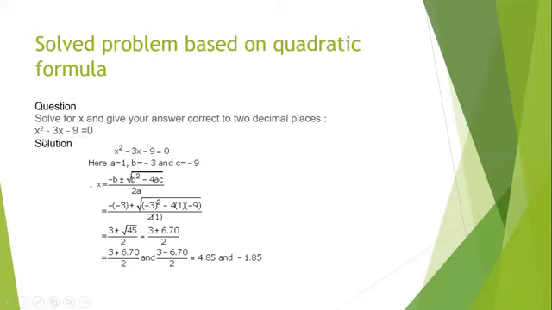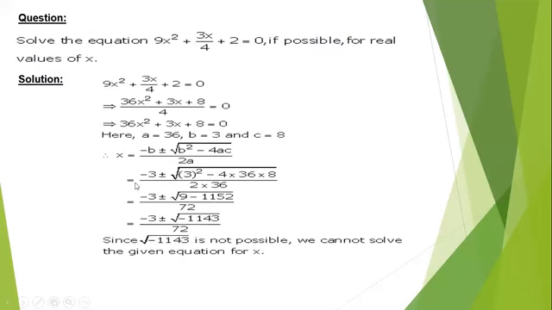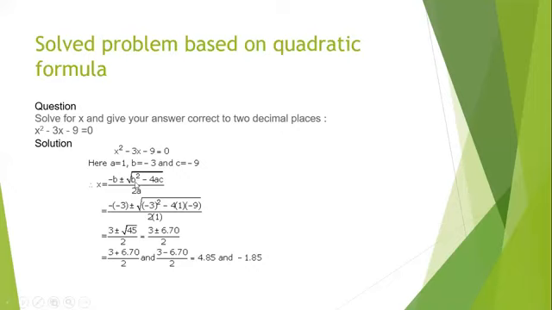So here it becomes necessary to use the formula. We have already learned how to find b square minus 4ac in the previous example. You can calculate this b square minus 4ac separately, or you can calculate it in the formula directly also.